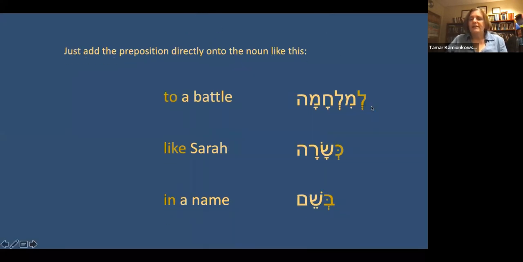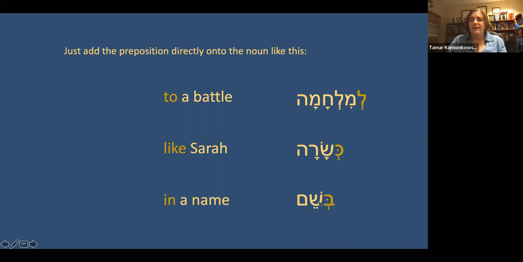Examples, li milchama. So I have milchama, battle or war, which is a feminine noun. Right? So war is a feminine noun. And I can add li, and now it makes it to a battle. Or if I have Sarah, and I want to say that someone is like Sarah, I would say ki Sarah, attaching it right onto the noun.